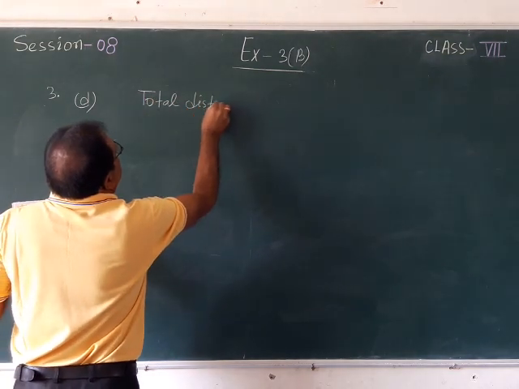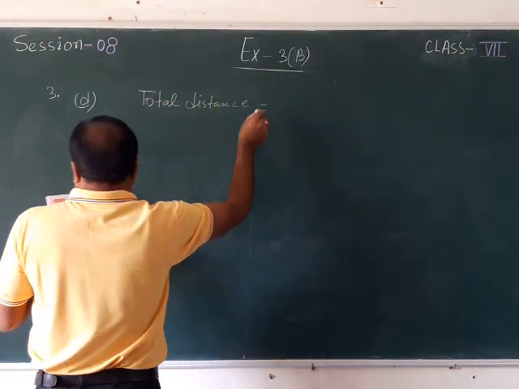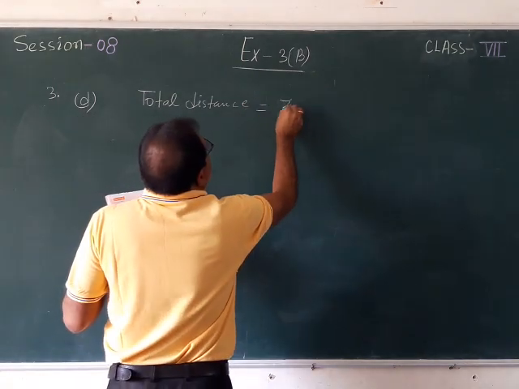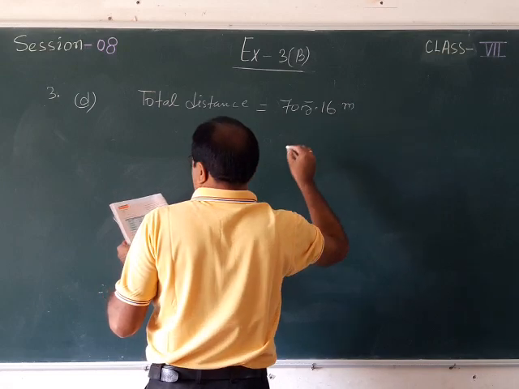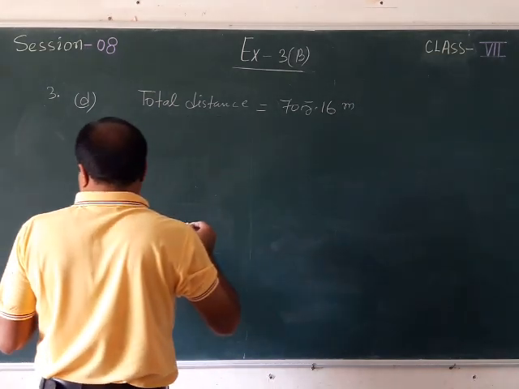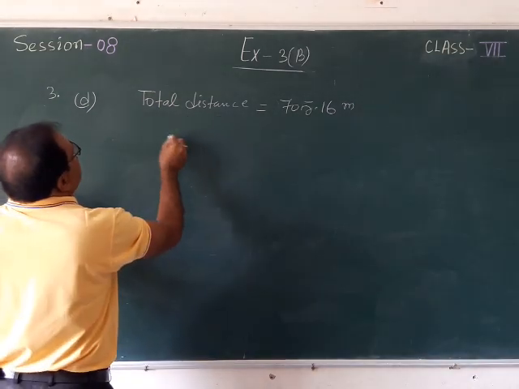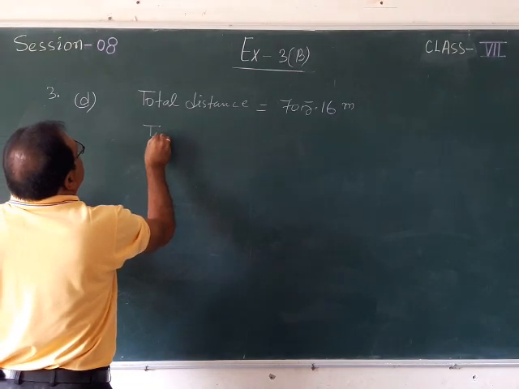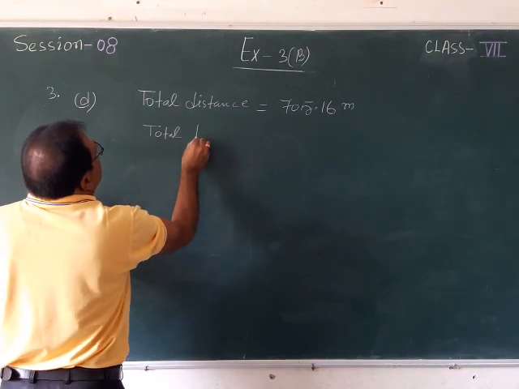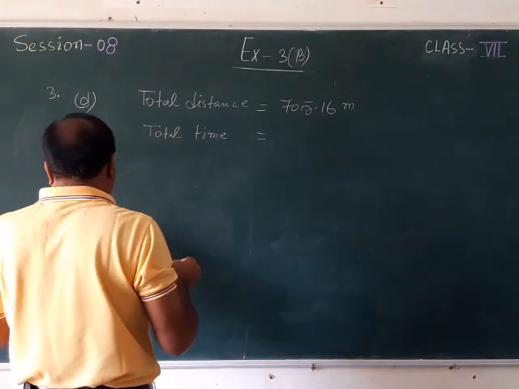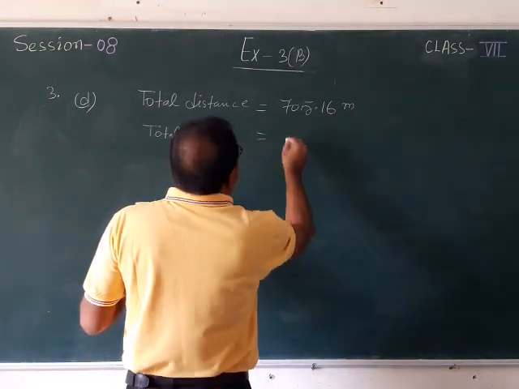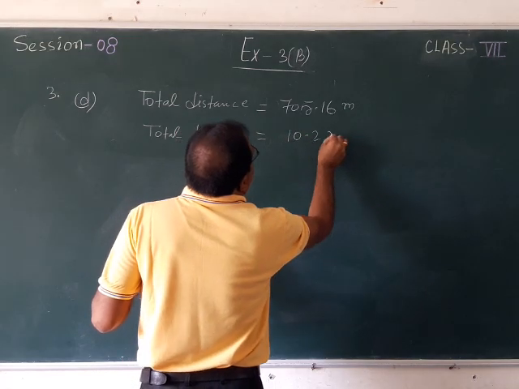is given. How much distance is given? That is 705.16 meter. Okay, this is total distance, and total time is given. How much time she is having, that is 10.2 minutes.